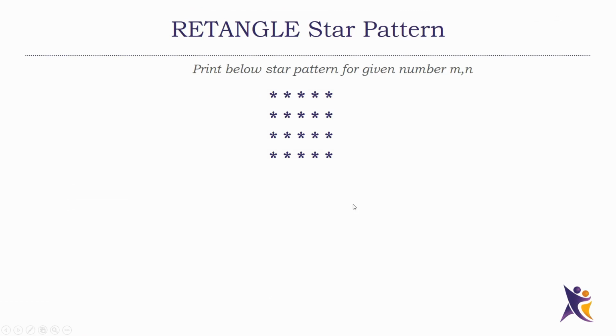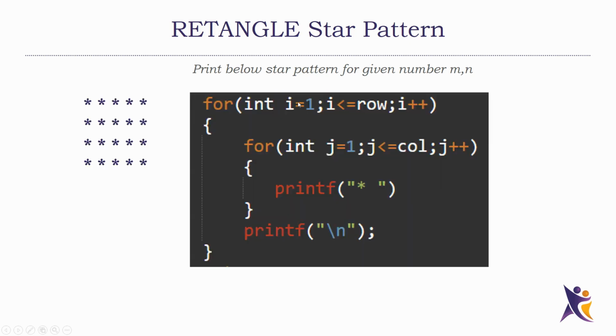So coming to the rectangle star pattern, it is simple, it is the same as a square pattern. The only difference is the number of rows and the number of columns are different. In the square pattern, there is only one variable used, which is n. But in this case, the number of rows and columns differ.